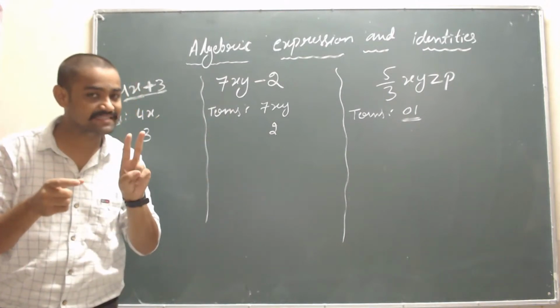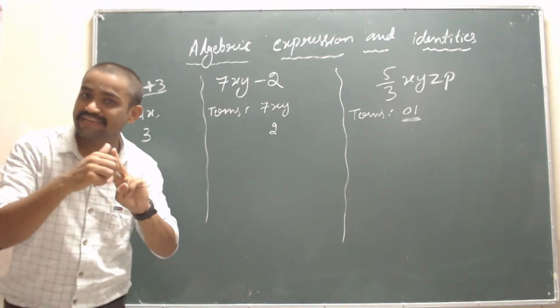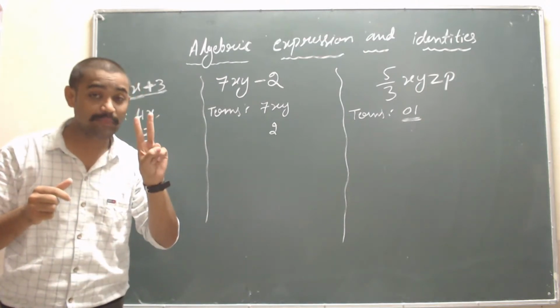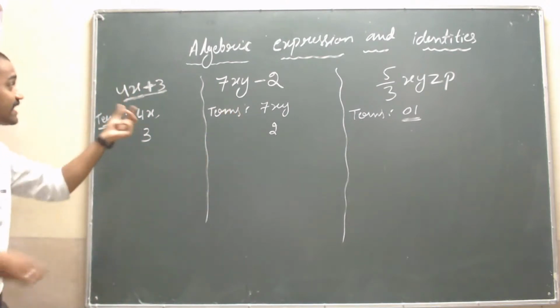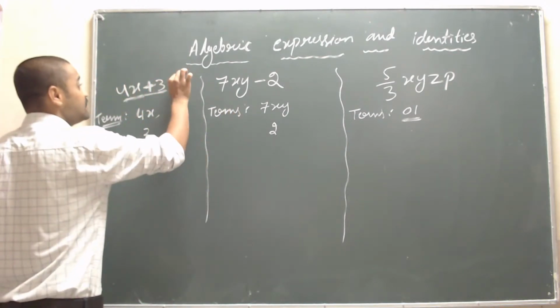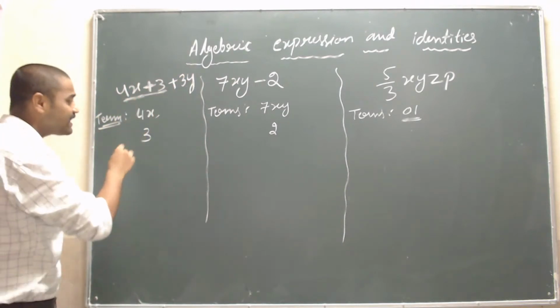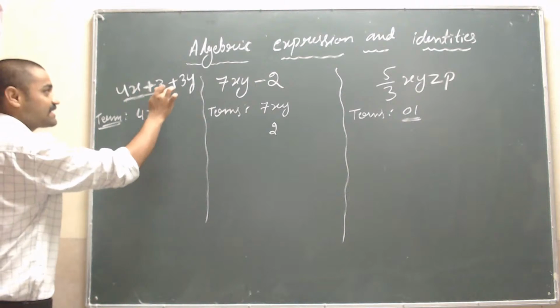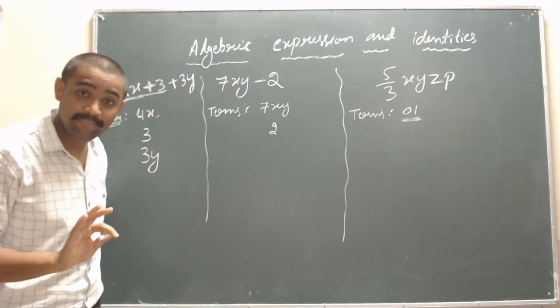Plus or minus is a trick, and it is very easy to understand. If either of the two operations comes, then the number of terms increases. See here, one more term I will write, that is 3y. With plus 3y, how many terms here? 3 terms: first term, second term, and third term. The third term is 3y, students. Is it clear?